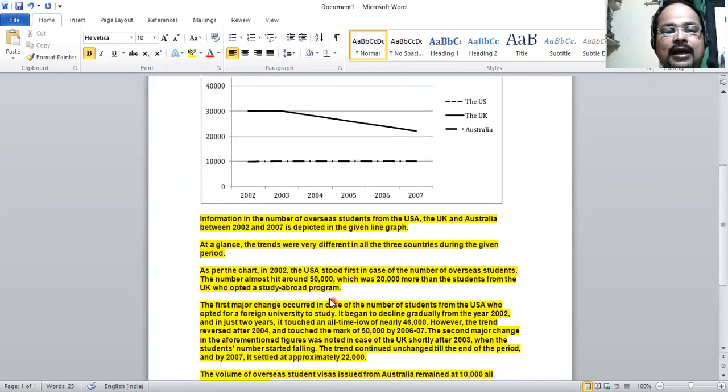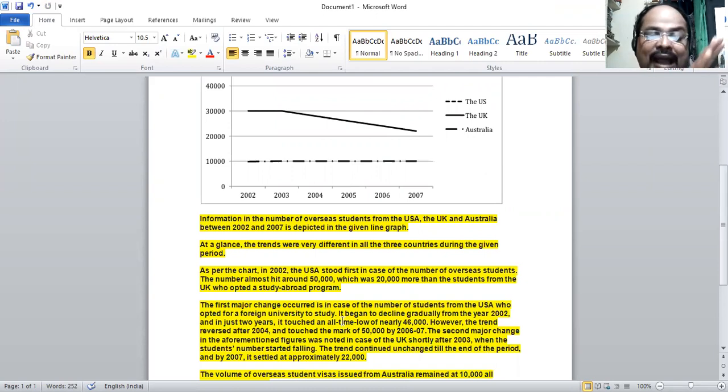So what has changed? This is said in the middle paragraph, the explanatory paragraph. The first major change occurred in the number of students from the USA who opted for a foreign university to study.